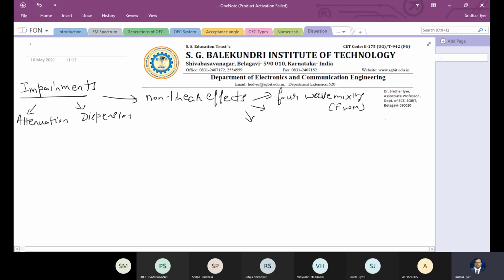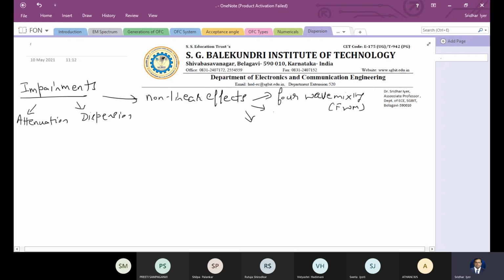What happens in this is, if you have, let's say, two signals at different wavelengths, lambda 1 and lambda 2, they combine together and produce a third signal at lambda 3, and then they also destructively combine and produce another wavelength at, let's say, minus lambda 2. These new wavelengths, that is the new signals, start to interfere with the original signal. So that is your four-wave mixing.